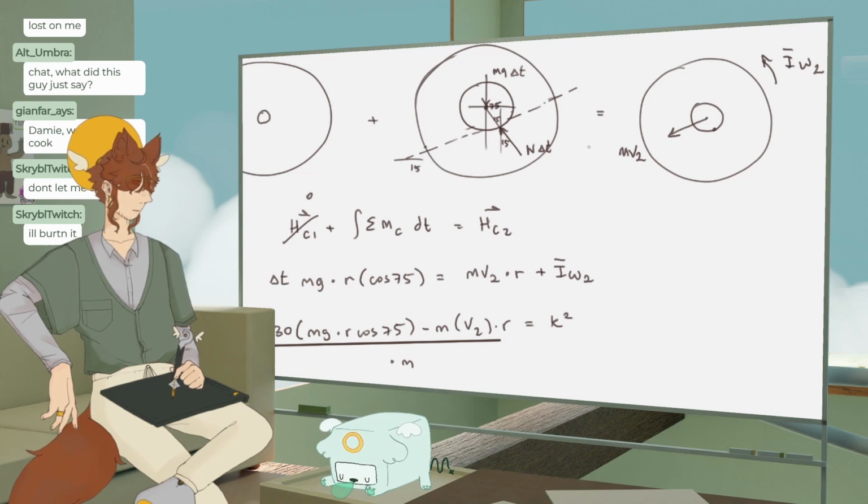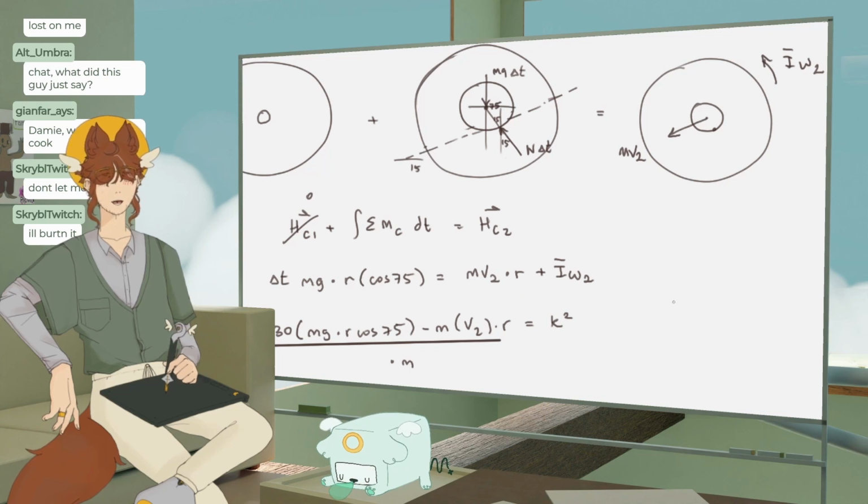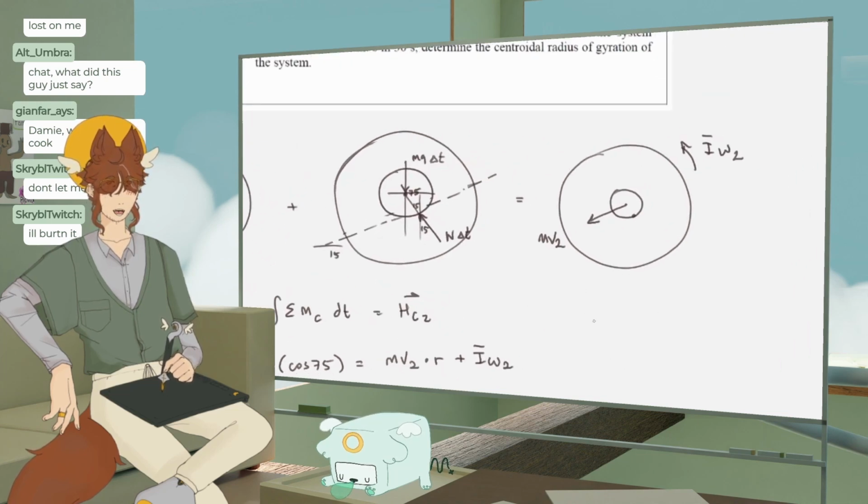Okay, wait, but that would mean, wait a second. That would mean that if I had any radius, let me just do this. I'm giving up. Okay, we're doing this.